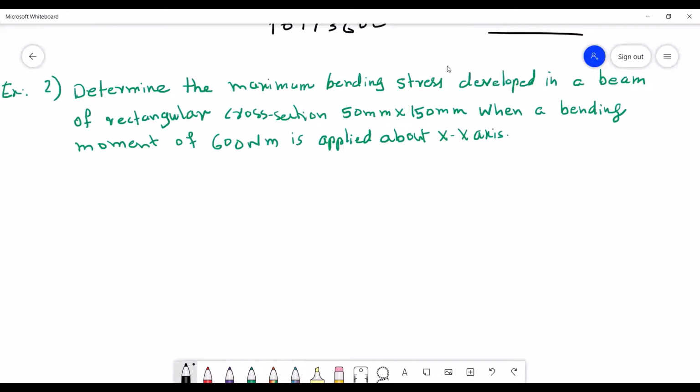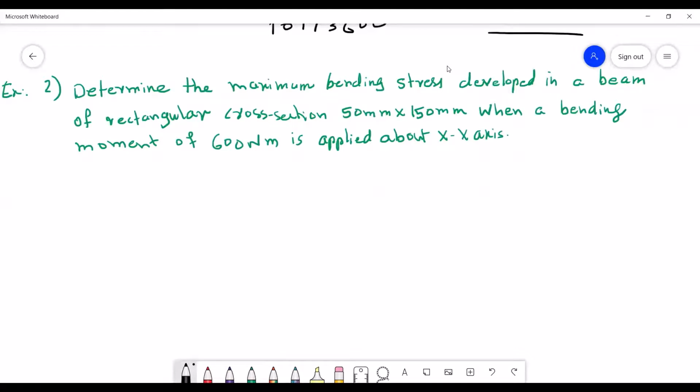Now let us consider the second question. Determine the maximum bending stress developed in a beam of rectangular cross section 50 millimeter into 150 millimeter when a bending moment of 600 Newton meter is applied about the x axis.